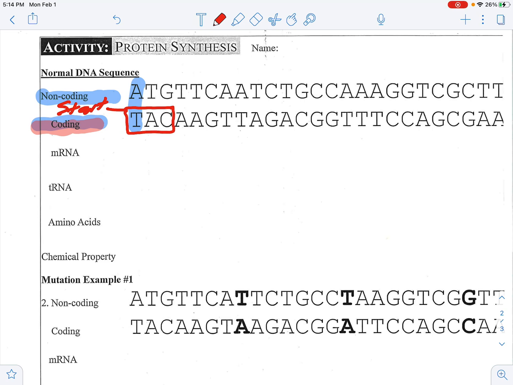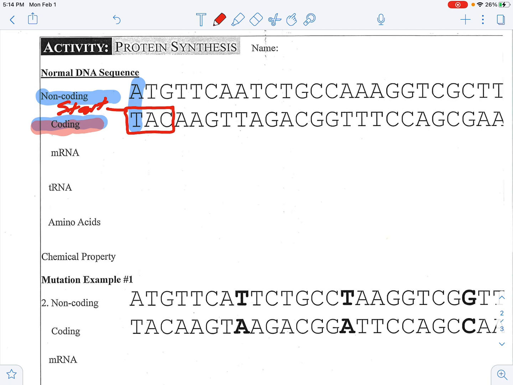Well, there has to be something embedded in there that says this is the end of segment 1 and the beginning of segment 2. So in paragraph format, it's the period that indicates the end of sentence 1, and then the capital letter indicates it is the beginning of sentence number 2. Well, this TAC sequence in the coding side of DNA is the genetic equivalent to the capital letter that says this is the start of the gene.